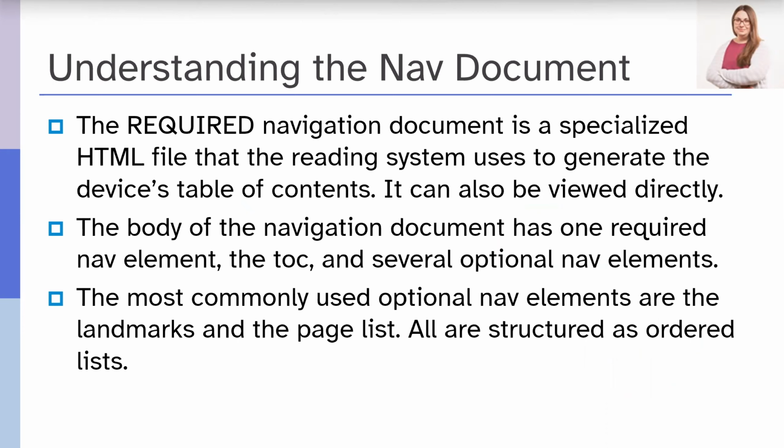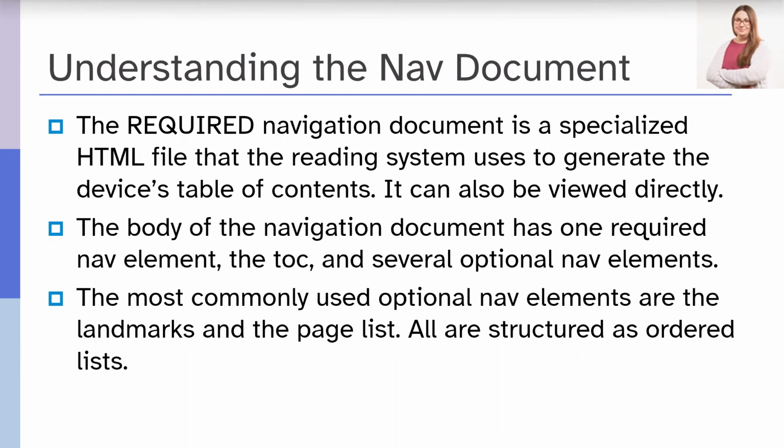This is really specialized HTML, and basically it's used by any of your reading systems to generate the table of contents that a reader actually sees. It can also be viewed directly, but this is what the reading systems are using in order to generate that information. The navigation document has only one required navigation element, and that is the table of contents.